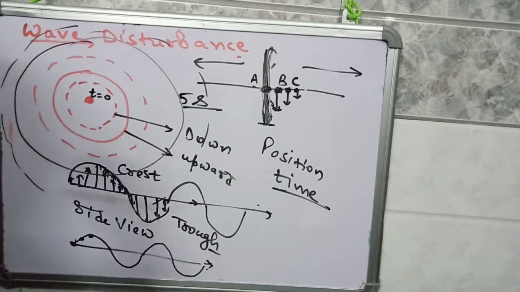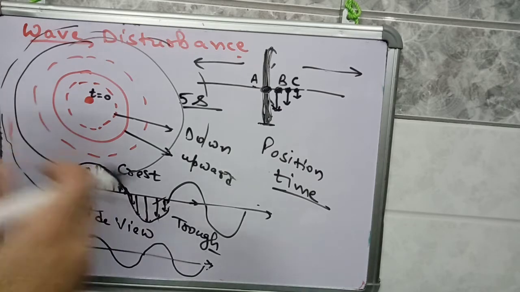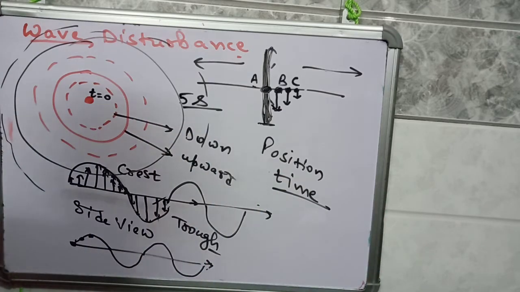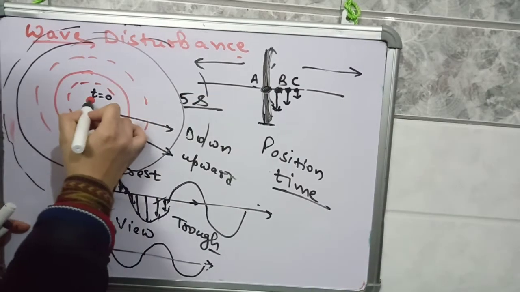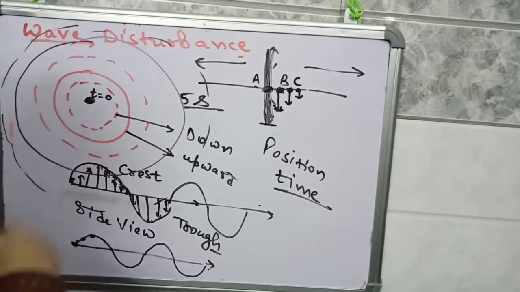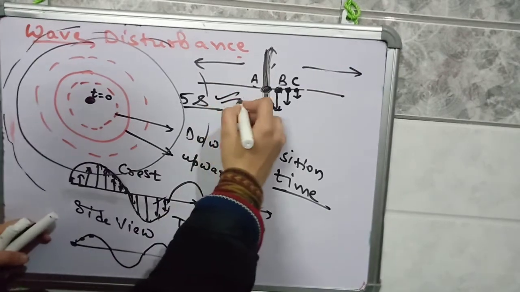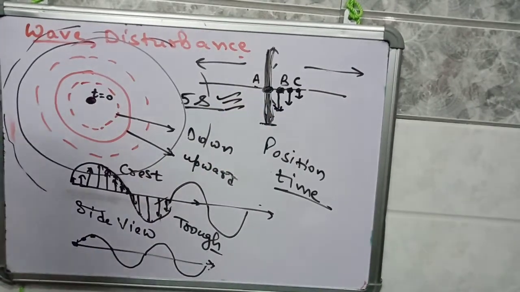The continuous oscillatory motion of the particles at their mean position, and the energy transferred to the next particle, form the waves. So how much distance is traveled by the wave? If the stone was hit at time t equals 0, after 5 seconds the wave must have traveled some distance.